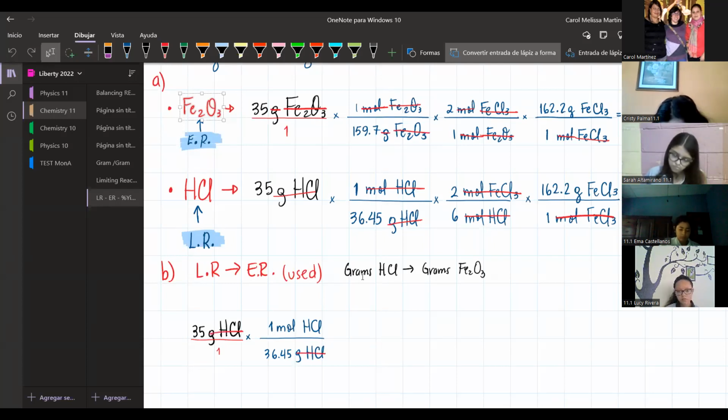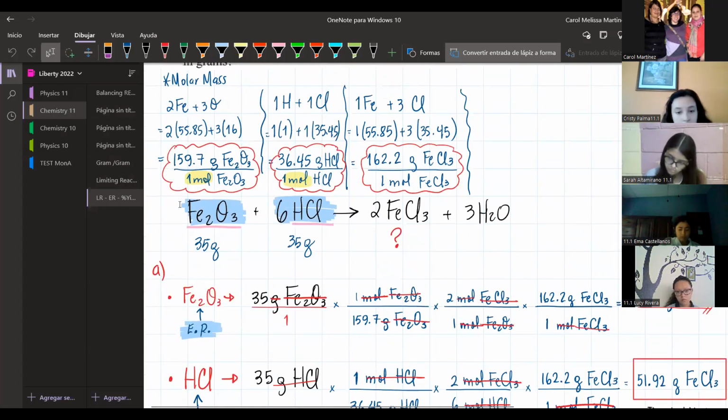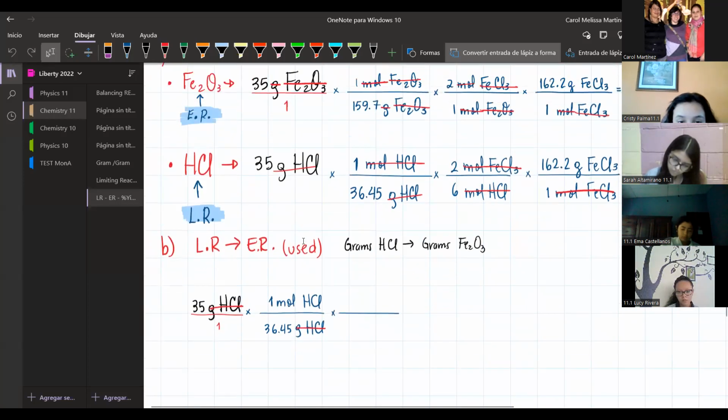What comes after? Molar ratio. This molar ratio is only between the reactants, okay? My molar ratio is invisible 1 and 6. Where am I going to write the 6?